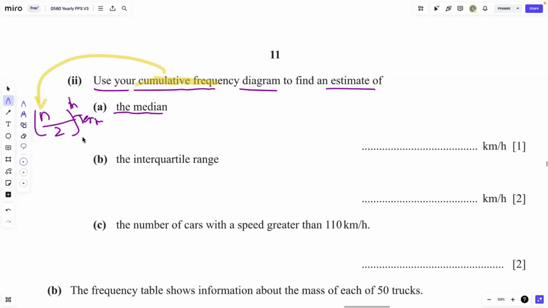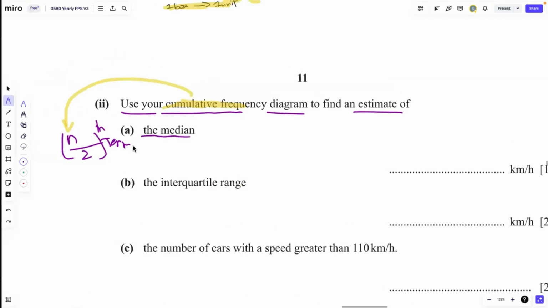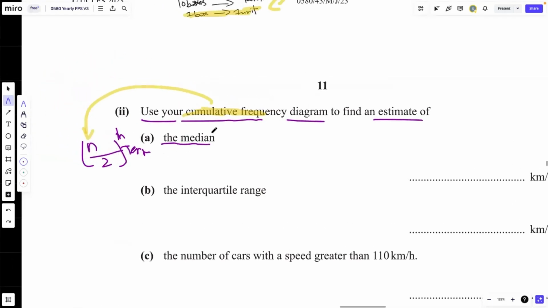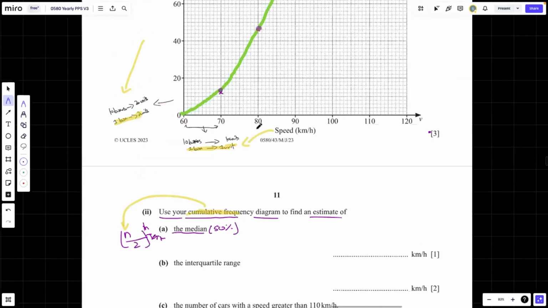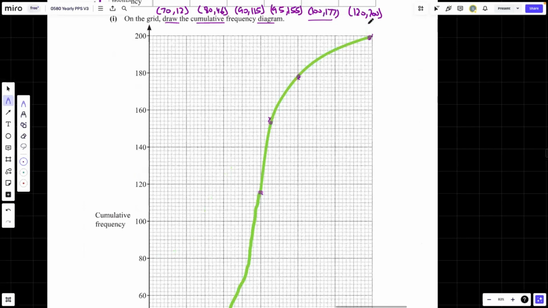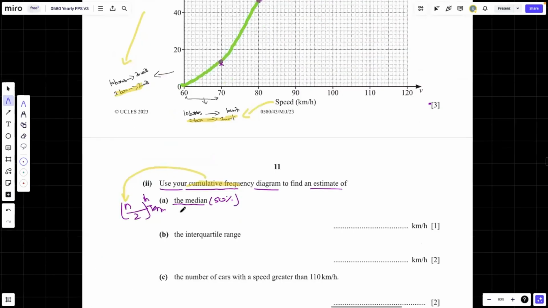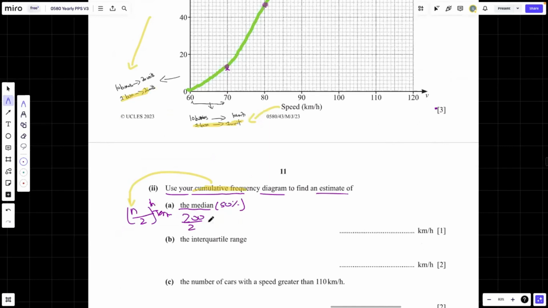Everywhere else it's n plus 1, but here on cumulative frequency, it's just n over 2. For upper quartile and lower quartile, which will come in handy in the next part, it's going to be 1 over 4 n and 3 over 4 n, because 25% and 75%. In other words, you can understand this as 50% of your data, and your total values are actually 200. So 50% of your data is going to be 100, or you could have just done 200 over 2.